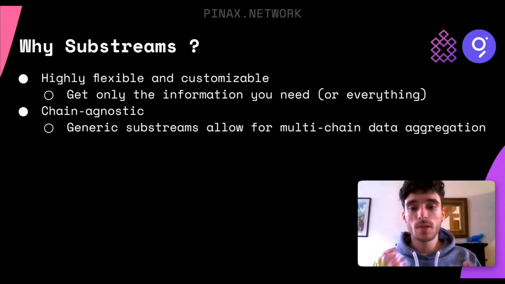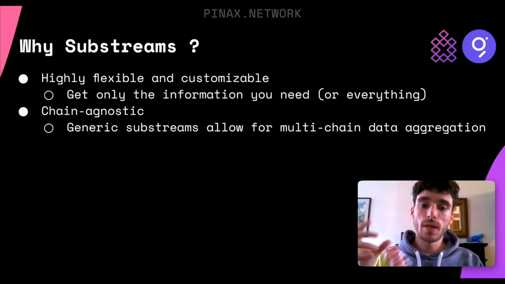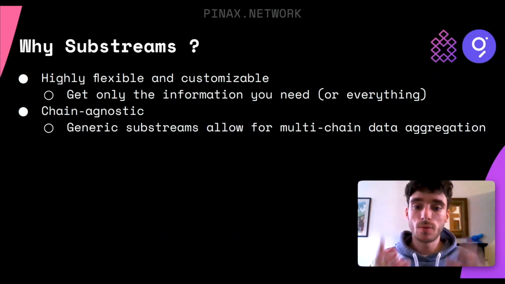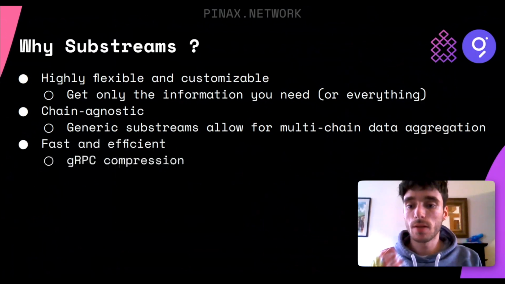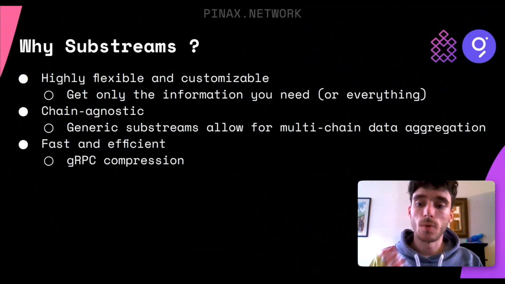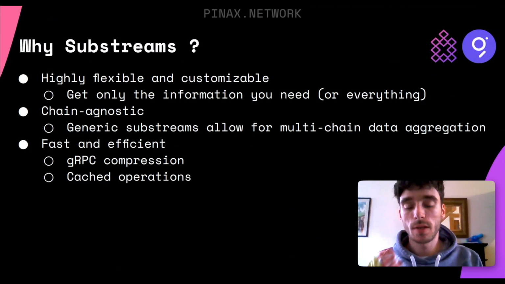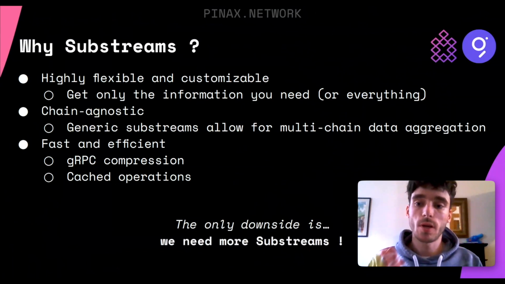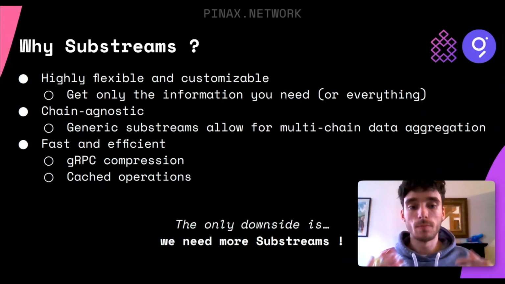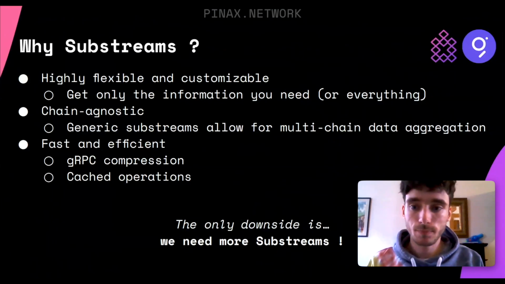You can build generic Substreams that allow you to get data from different blockchains with only one Substream. It's fast and efficient because by design, you have some optimizations like gRPC compression and cached operations that make it very fast. And the only downside right now is that we need more Substreams. You saw that Pinax is building a few, Streaming Fast is building a few, but we need more of them to cover more use cases and make it more insightful.